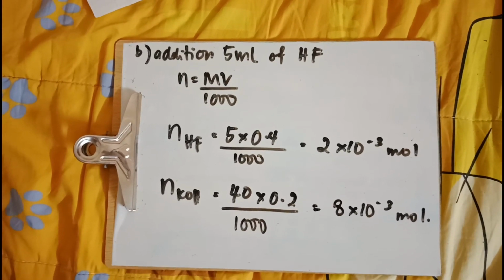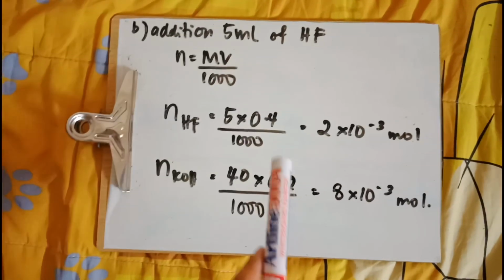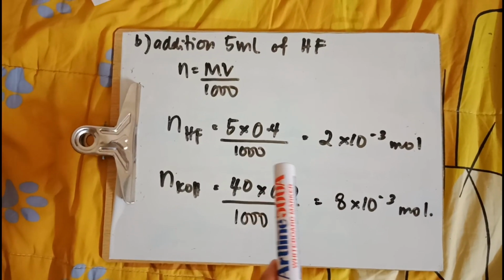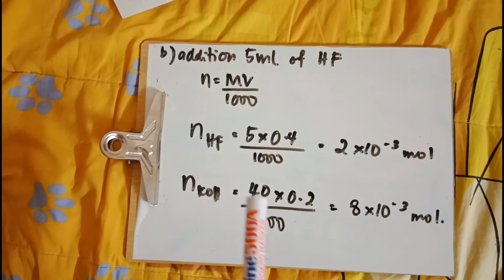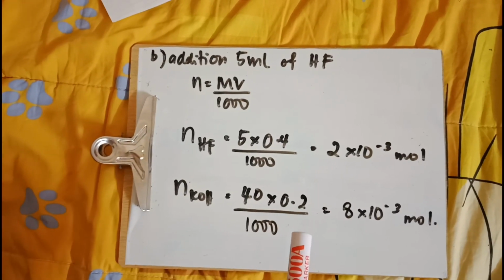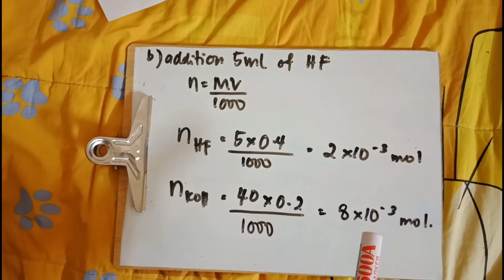So the moles of HF is 5 times 0.4 over 1000 equals 2 times 10 to the power of negative 3 mole. The moles of KOH is 40 multiplied by 0.2 divided by 1000 equals 10 to the power of negative 3 mole.